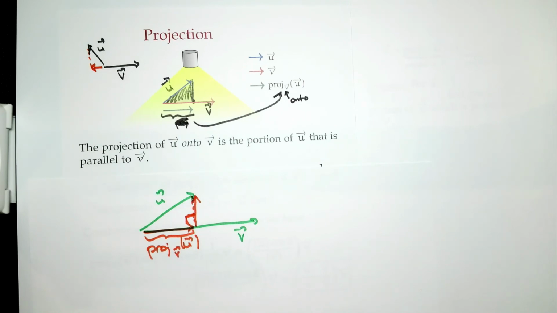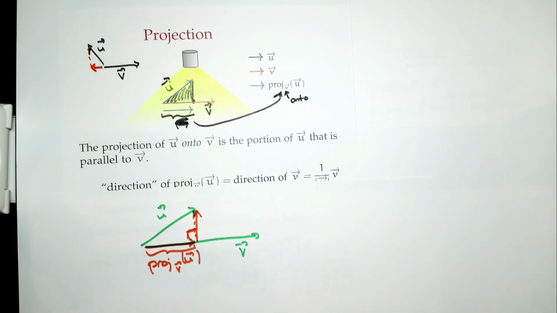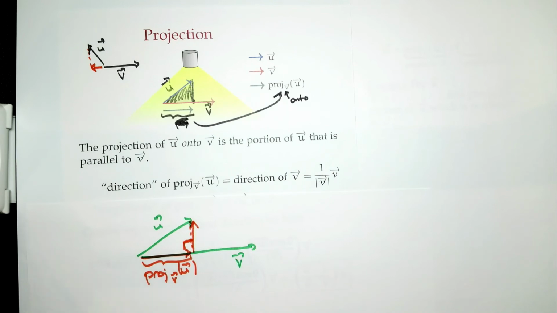Parallel to v. So the direction is the direction of v. Now, notice I put quotes here. We'll fix the quotes in a second. When we talk about the direction of a vector, it's a unit vector that points in the direction that we want. So that's why there's a 1 over the magnitude of v, to make it a unit vector. A unit vector is purely direction.